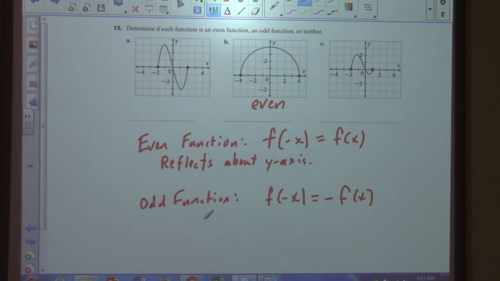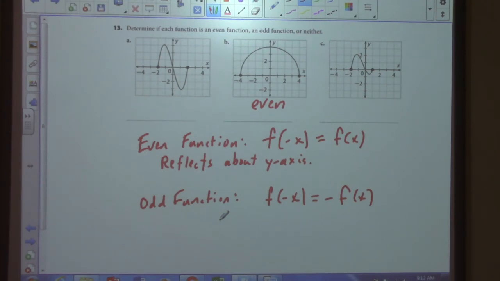What is that? Pardon me? No, it's not that. What'd you say? Kind of. Now they say it reflects about the origin.